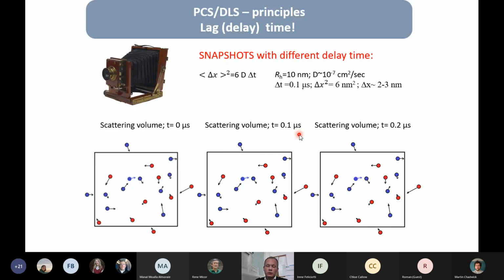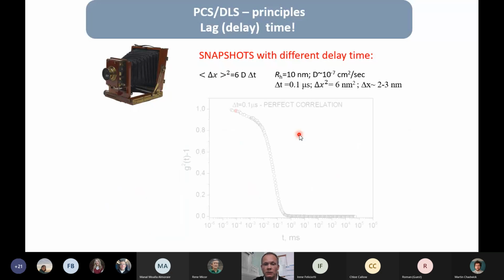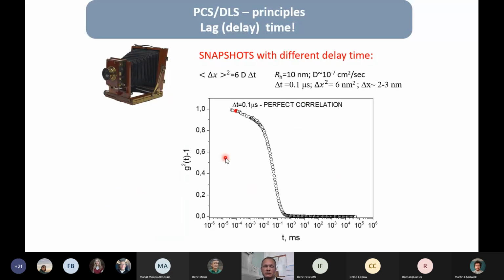And if we calculate the correlation function that I presented a few slides before, we will get values close to 1. That means the probability to predict the number of drunk students in the next 0.1 microsecond is almost 100%, right?